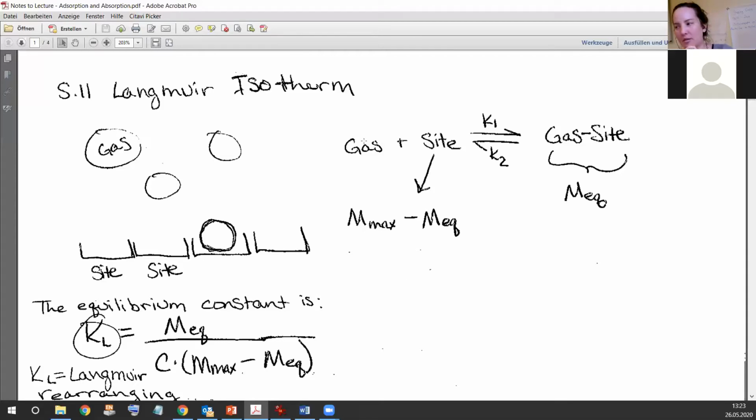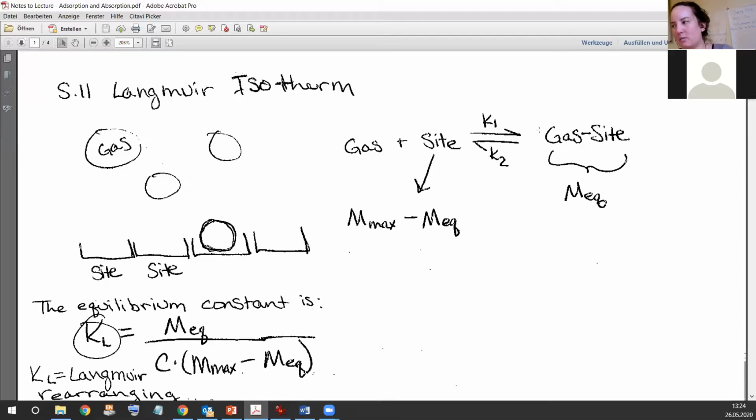This reaction can then be described as the gas, so the concentration of the molecules that should be bound, reacting with one of these sites to form a new entity, which is a gas molecule bound to the site. Now the number of sites initially is denoted M, and there's a maximal number.